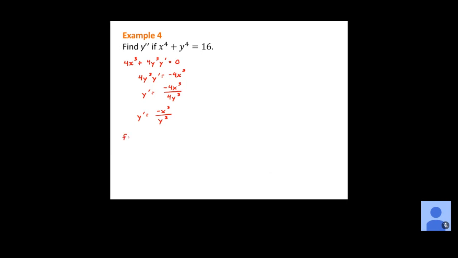So we'll let f be the numerator, negative x cubed. Let g be the denominator, y cubed. So what is our f prime going to be this time? Negative 3x squared. Good. And our g prime is going to give us what?